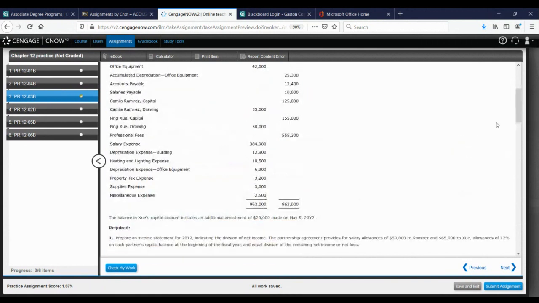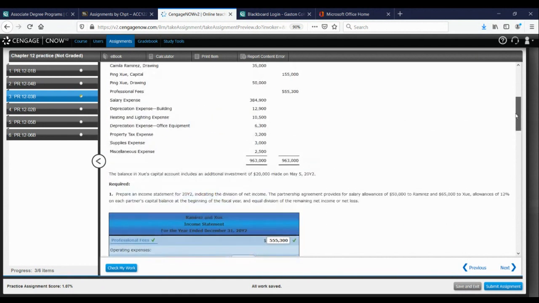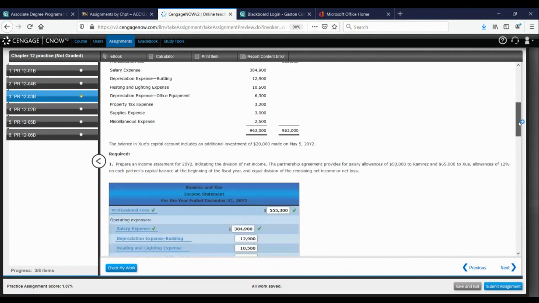We're going to then pick up the next expense, which is heating and lighting expense, for $10,500 that was given. Our next expense will be depreciation expense on the office equipment, $6,300.